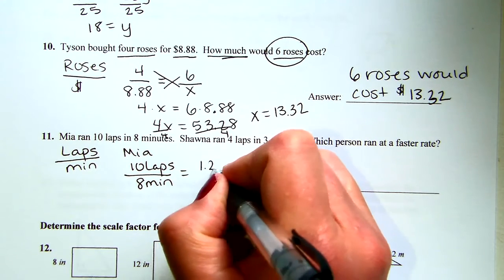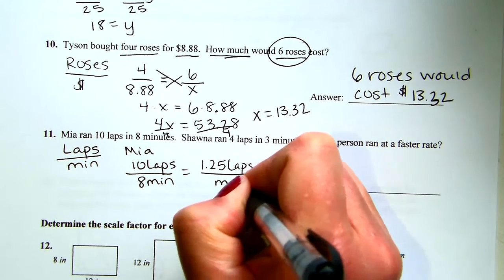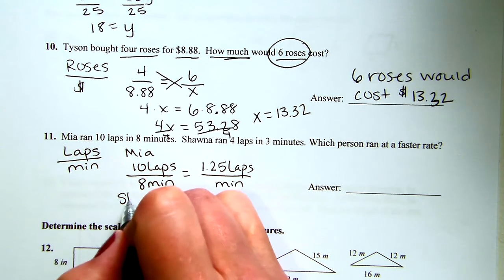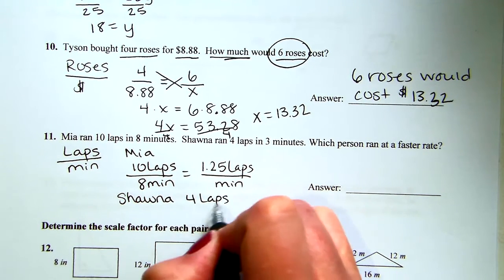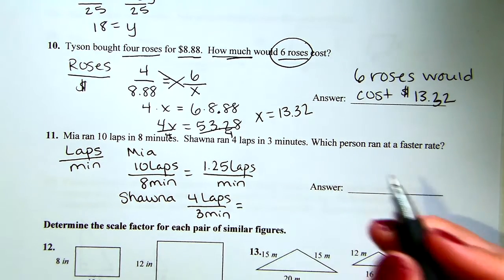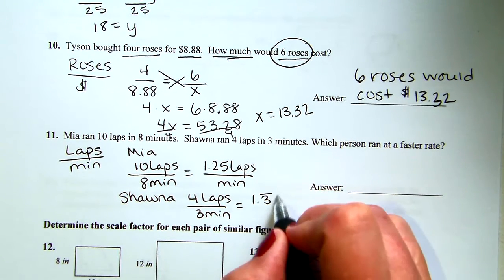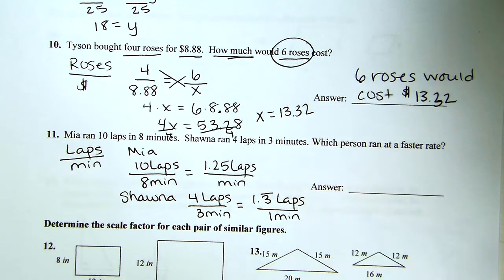Now Shauna, she ran 4 laps in 3 minutes. When we go 4 divided by 3, we get 1.3 repeating laps in 1 minute. Now our question is, who ran it faster? When we talk about running fast, we want the shorter amount of time.